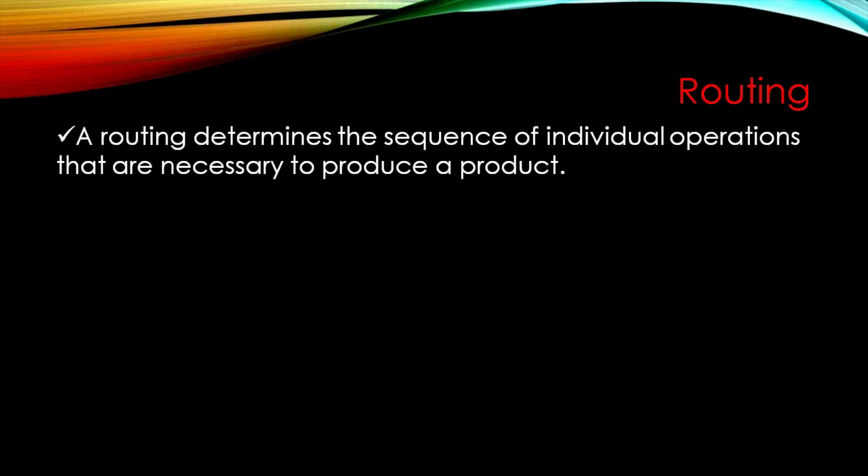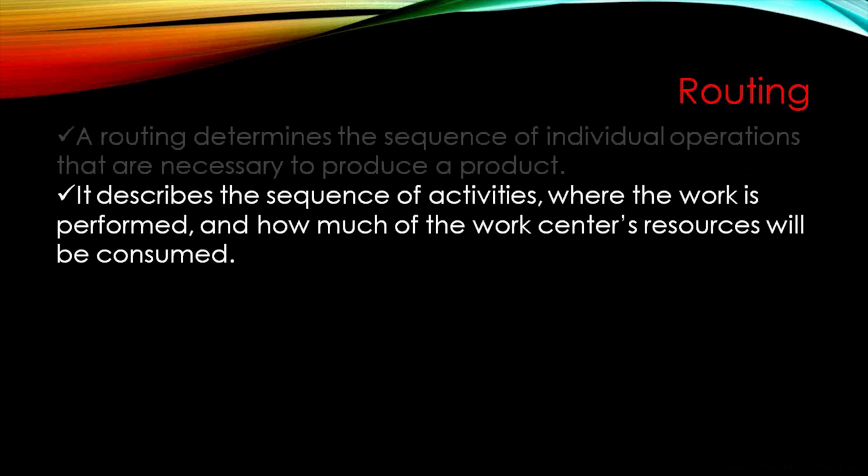As I said, routing is just a sequence of the operations that a product will pass through while manufacturing. It describes the sequence of activities where the work is performed and how much of the work center's resource will be consumed. Work center resource consumed means how much time will be taken to manufacture this product.